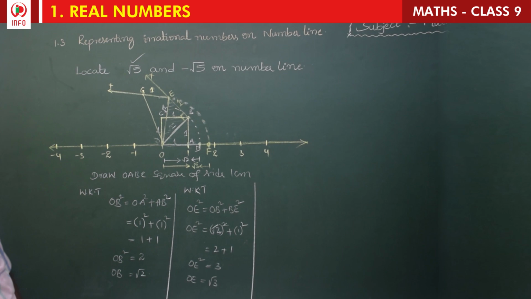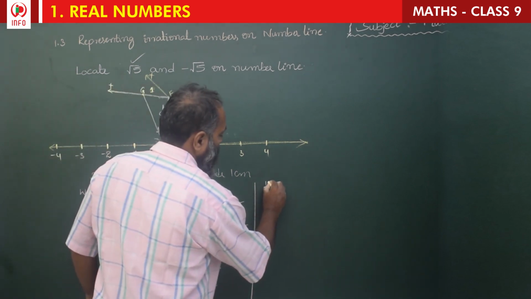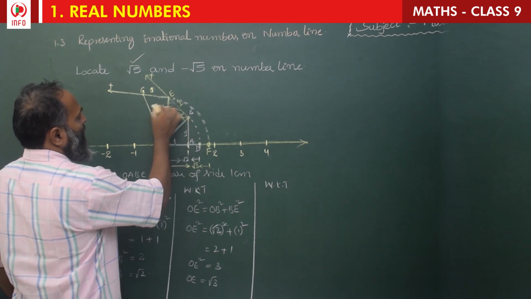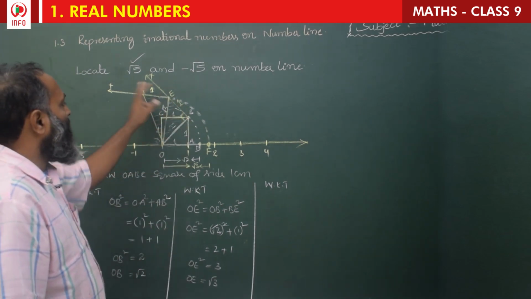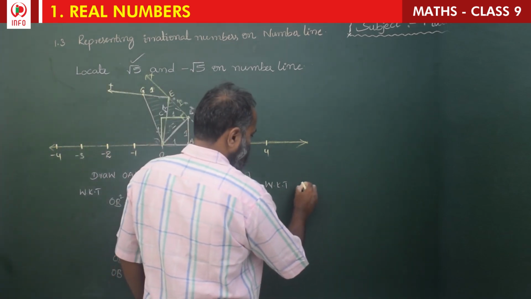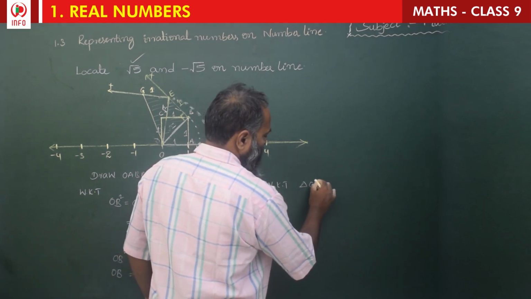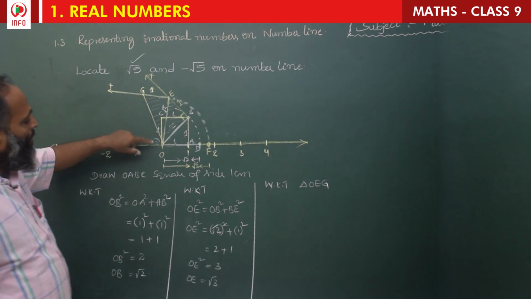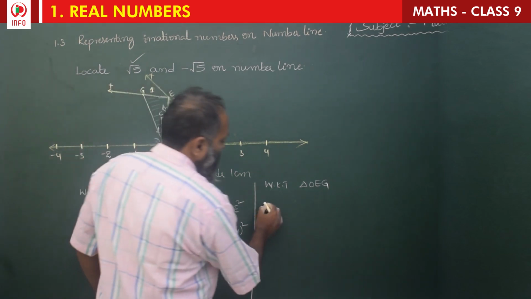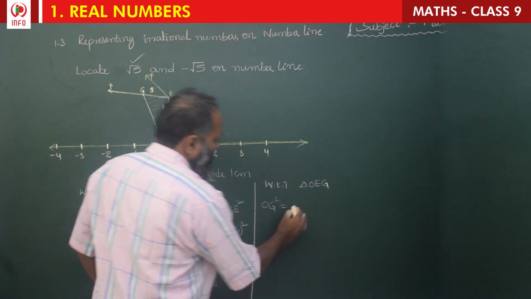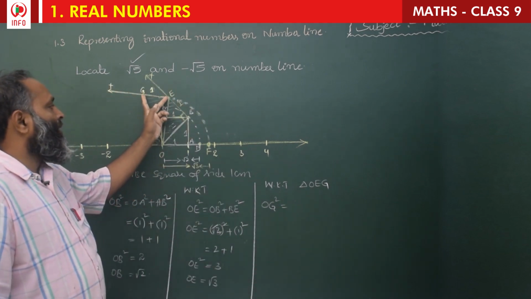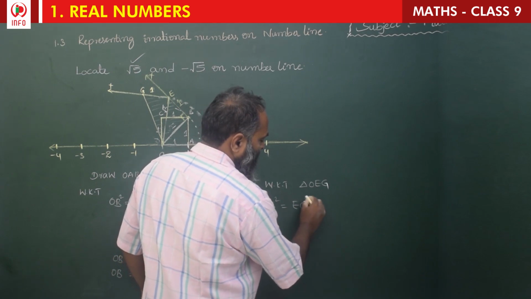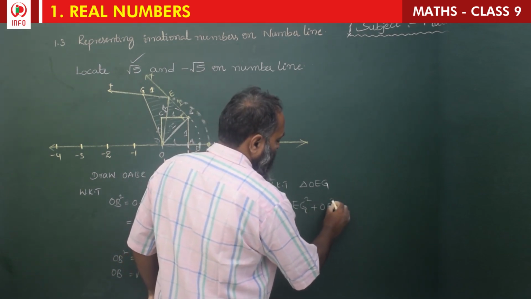Now again we know that from triangle OEG, OG square is equal to the sum of the squares of the two perpendicular sides, that is EG square plus OE square.